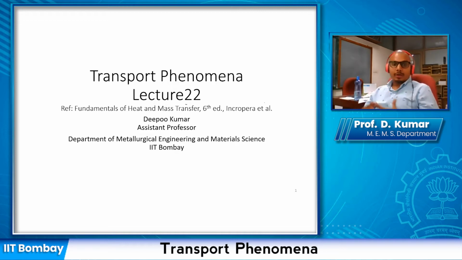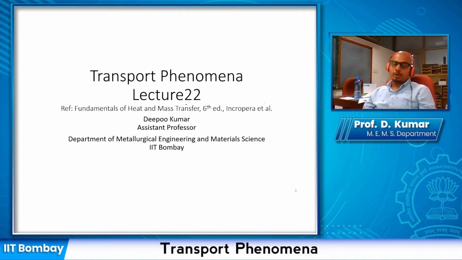So you should be aware which correlations are available for average heat transfer coefficients. Sometimes you may be able to calculate average heat transfer coefficients as well if equations for local heat transfer coefficients are available.